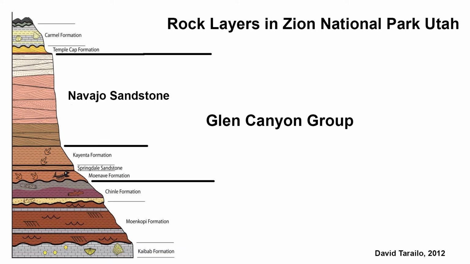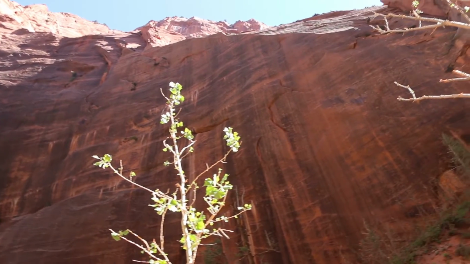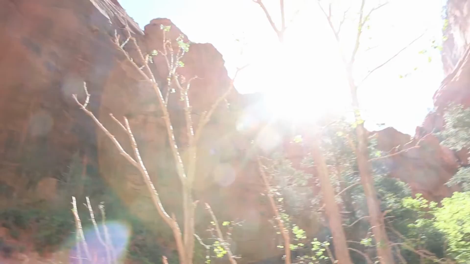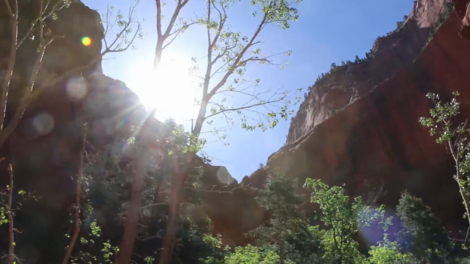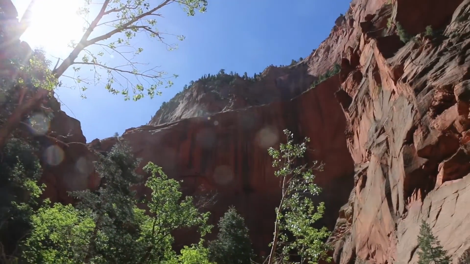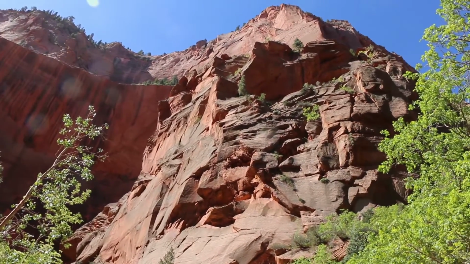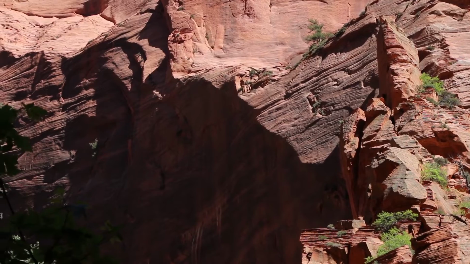Now, the Jurassic Navajo Sandstone forms the upper part of the Glen Canyon Group, with the redder colored Kayenta, Springdale Sandstone, and Moenave formations below. What makes the Navajo Sandstone so iconic, I think, is that it's formed by layers of ancient Aeolian sands, representing fossilized sand dunes.